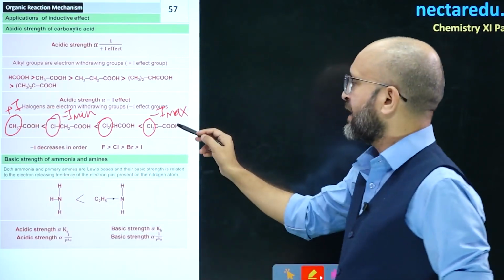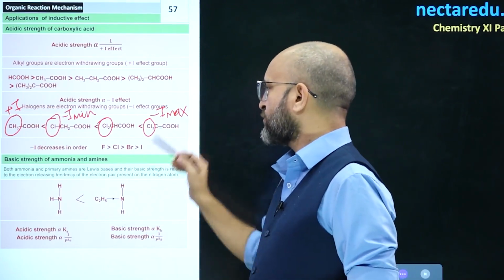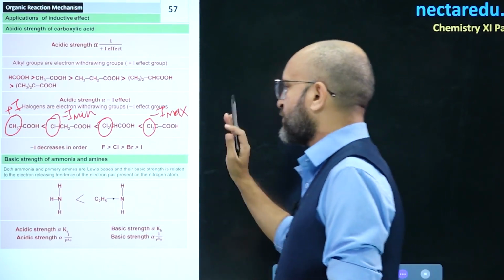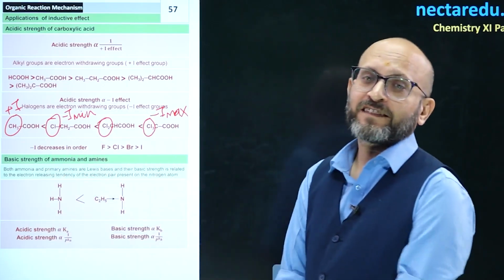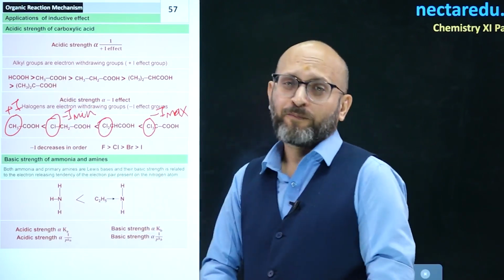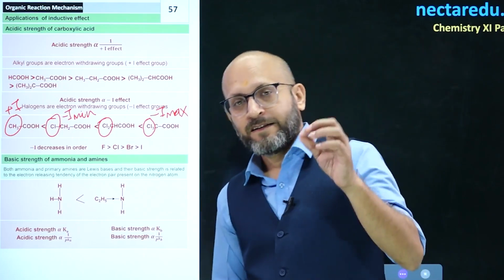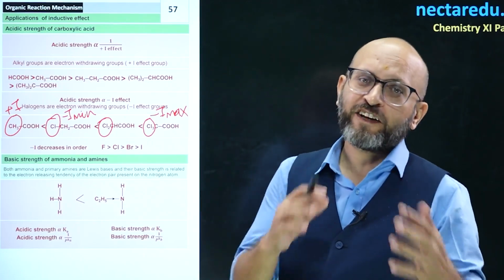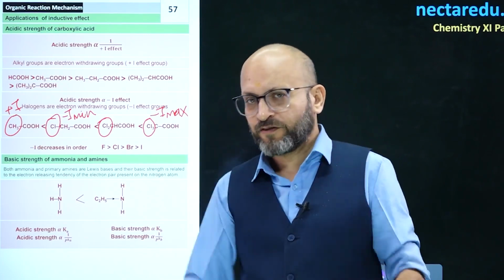So minus I is more, so acidic character is more, right? Minus I maximum, so acidic maximum, and as we go from right to left, minus I is decreasing, so acidic character is decreasing, and the last one has plus I, so it is the least acidic compound. So direct relation with minus I and inverse relation with plus I. That is what we have observed over here.